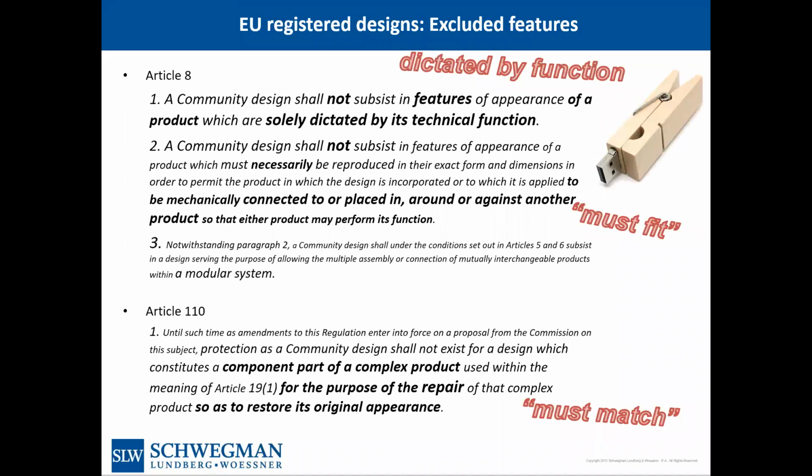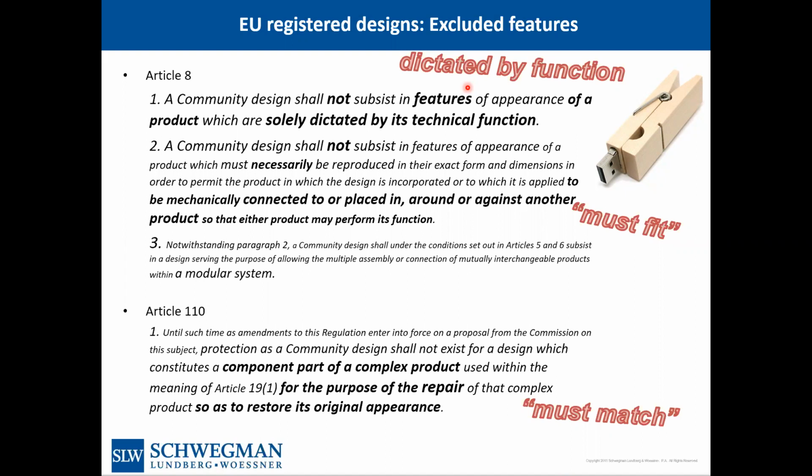Certain features are excluded from protection, and the first one of these is features which are dictated solely by the function of the product. These designs, registered designs, are very much for aesthetic and appearance of products.